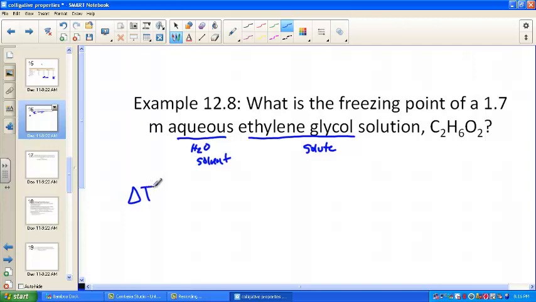The change in the temperature of a freezing point can be found by knowing the molality of your solution, the proportionality constant called the freezing point depression constant for water, and I'm going to put this on and we'll talk more about it. I've hinted at it, the Van't Hoff factor.